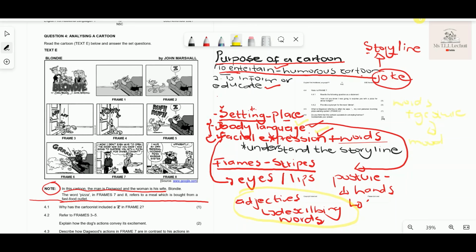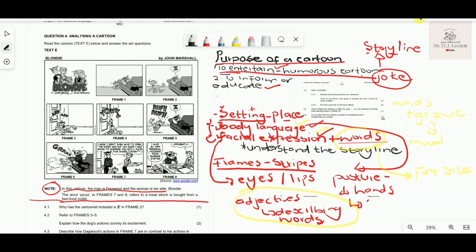Specific. And now another aspect that's going to help you to unpack and understand the storyline are the words of the characters. With the words of the characters in a cartoon, what are we going to look at? We are going to look at the font size. Remember when we were studying advertisements, we said that the characters will use bolded letters in an advert to grab the reader's attention and to emphasize the message. But now we are dealing with cartoons.